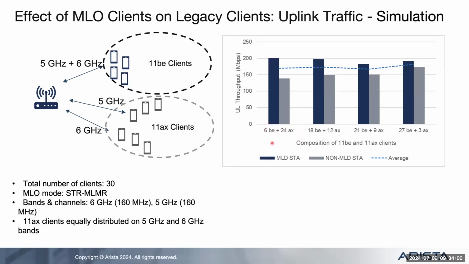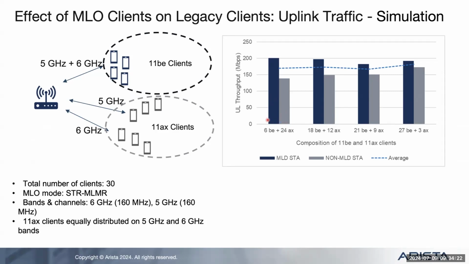We wanted to measure what happens with a 20% and 80% client mix, which means 6 clients in BE and 24 clients in AX. With this, what is the effect on Wi-Fi 6 clients? Are they going to suffer?